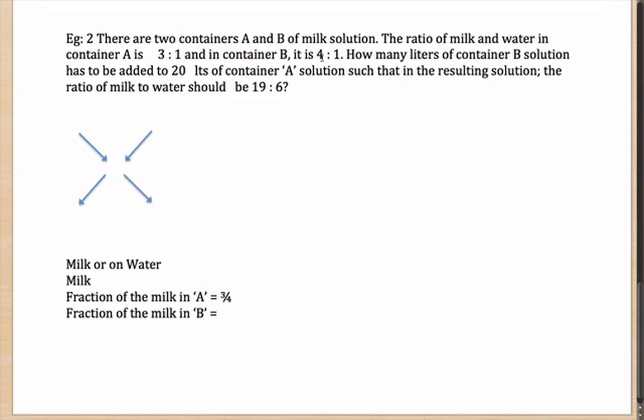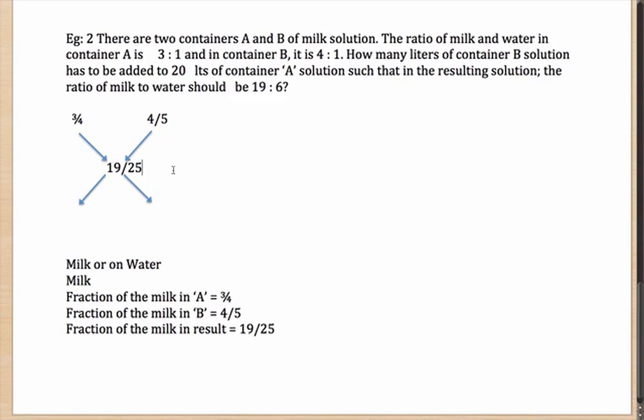In B, the ratio is 4:1, so it is 4/5. So what is happening is that we are mixing 3/4 with another container that has milk in the ratio of 4/5. And what do I want as the result? I want the result as 19:6, or the fraction of the milk in the result is how much? It is not 19:6, it is 19/(19 plus 6), or 25. So I get 19/25 here.